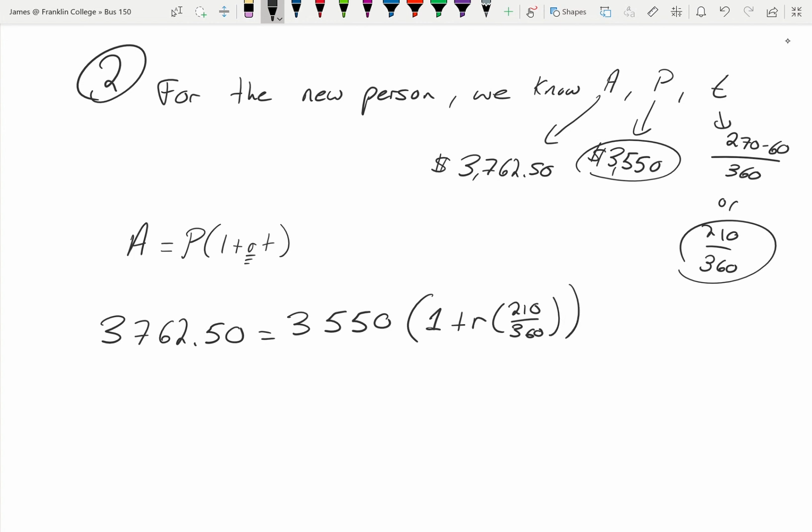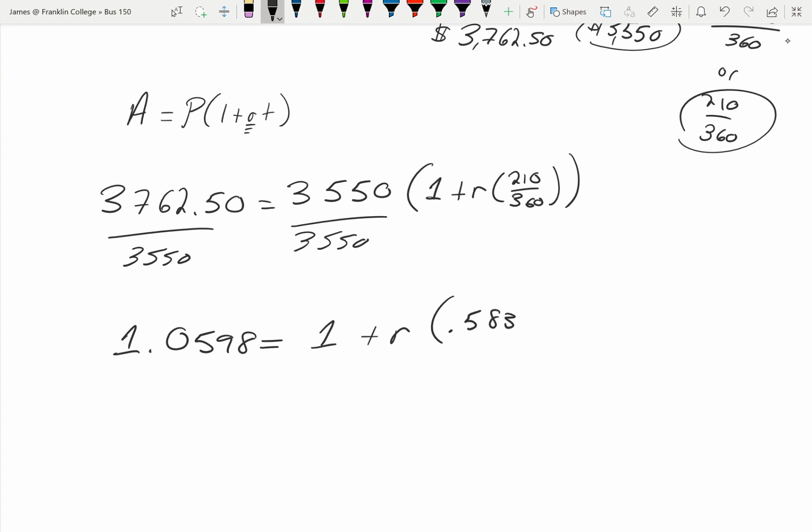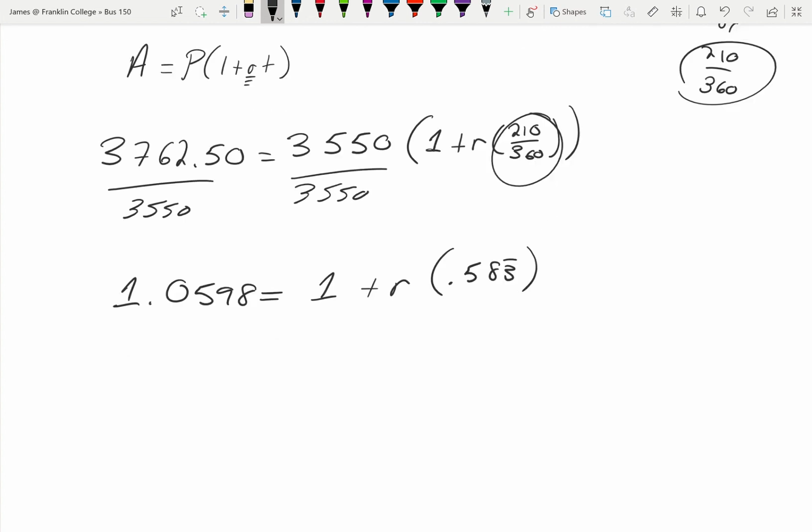What I would do is first divide both sides by 3,550, and we're going to get 1.0598 equals 1 plus R times 0.583 repeating, where 0.583 repeating is our 210 divided by 360.